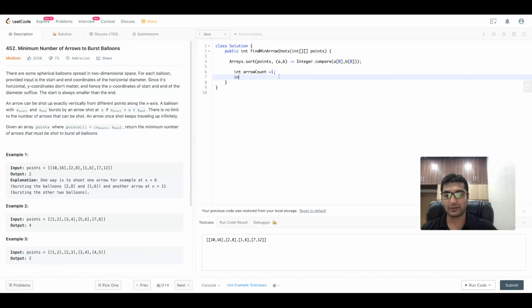And we'll take min end as points 0, 1. Now let's iterate over the loop.